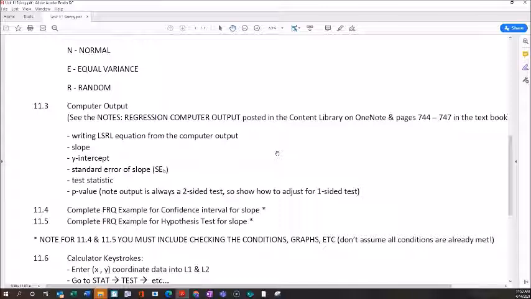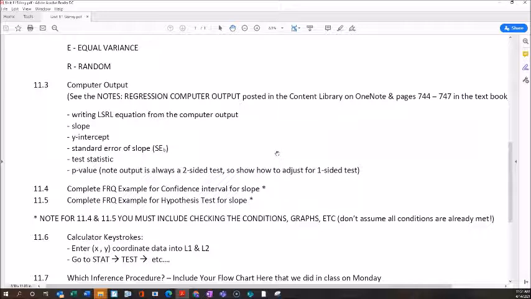So you can just show an example of computer output, the key values that are in the computer output, what those represent, how you would use those to write the regression equation, test the claim, find the standard error of the slope, get your test statistic, get your p-value. And remember, with computer output, when it gives you a p-value, unless it specifically says otherwise, that p-value represents a two-sided test.